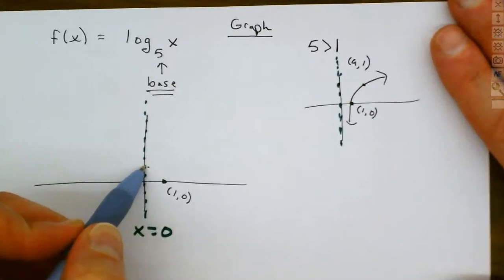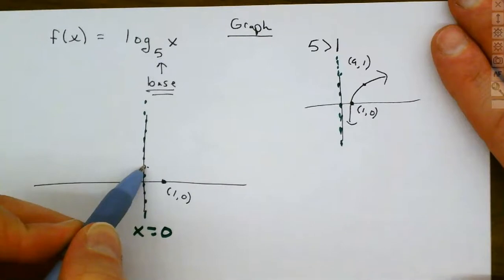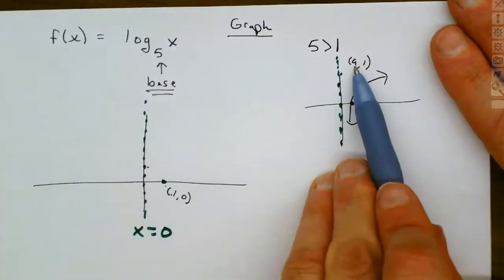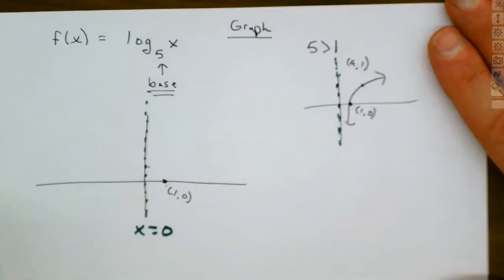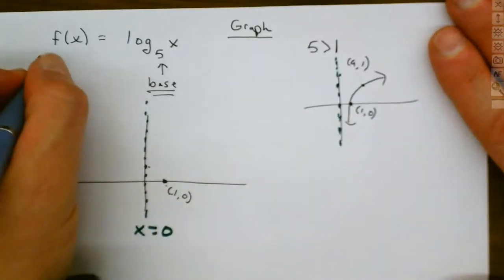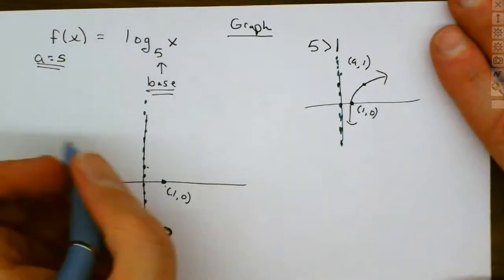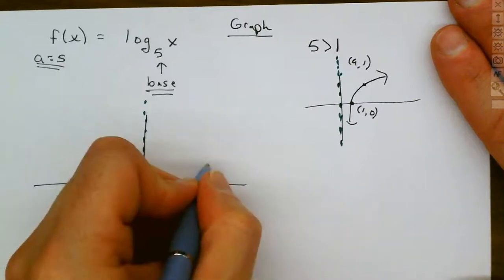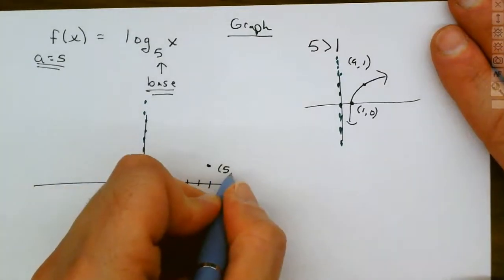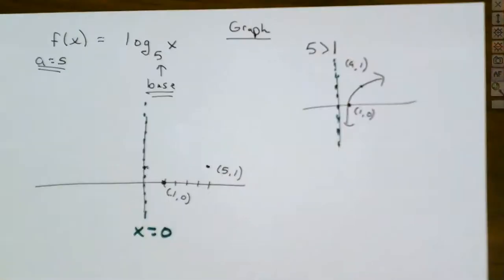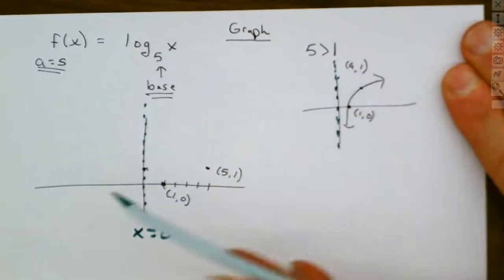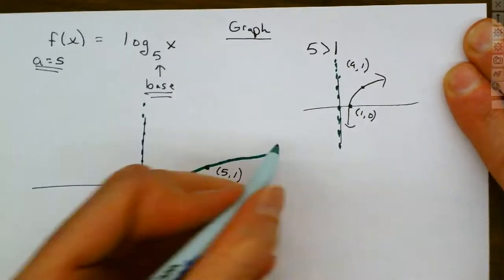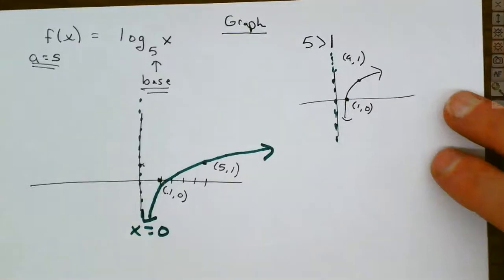They're opposites. So instead of it being 0, 1, now it's 1, 0. So that's there. What's my next point going to be? a, 1. So in our case, a is 5. So that's going to be 5. And up 1. So it's going to be right there at 5, 1. Now, you can do more points if you need to, but what's the graph going to look like? Okay. The graph is going to look similar to that. Okay.